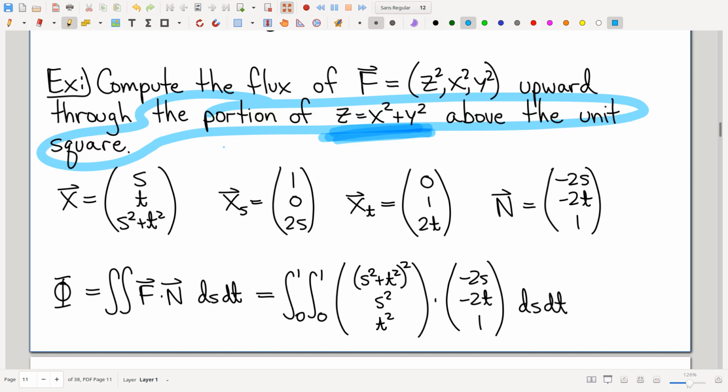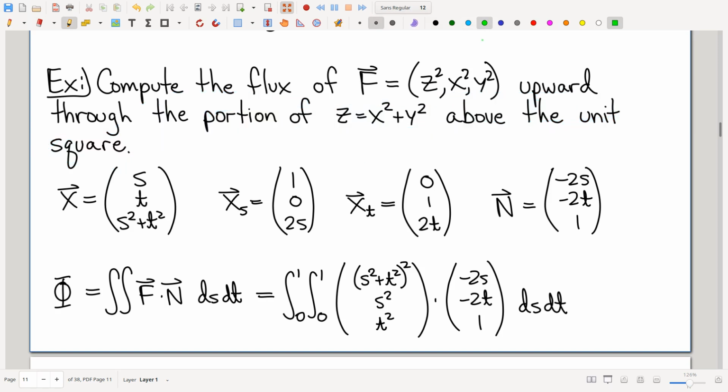There's the unit square down here in the ST plane, the XY plane. If I look above the unit square, there's going to be a certain amount of that paraboloid sitting above it. That's what I want to compute the flux through, and specifically the flux of this vector field. Okay, so off we go.